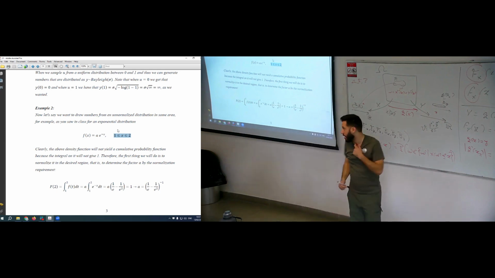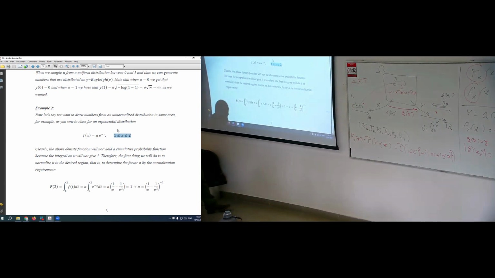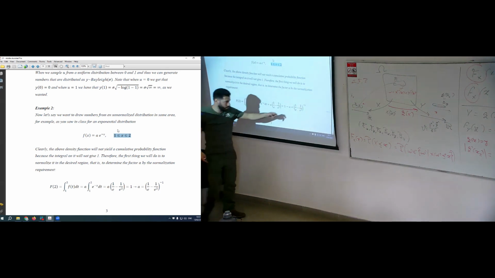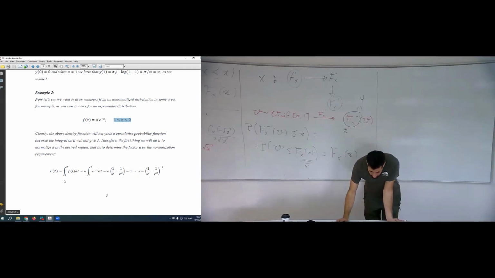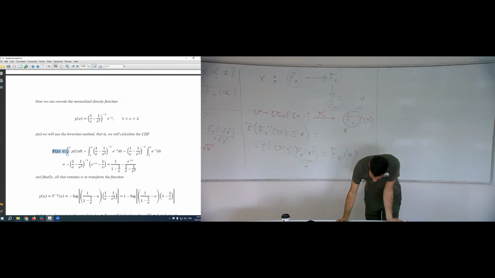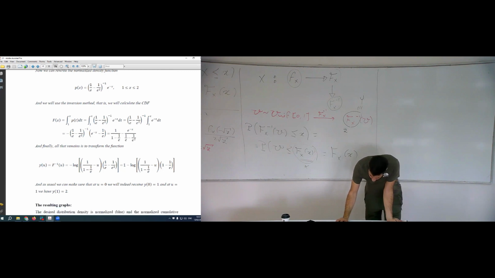So it has to be that the integral of this from 1 to 2 equals 1, and then I find a. After this, I have to find capital F and then take the inversion of it. And again, that's the function that I use. So I produce u, I enter this u into this function. The number I will get is a number that is taken from the distribution that I want.